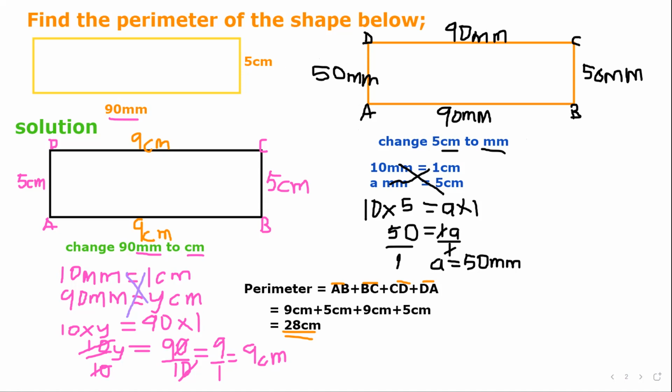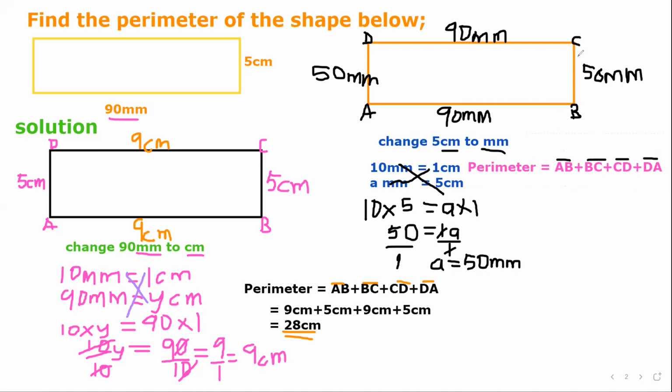Good. So you are going to add them and calculate the perimeter. So the perimeter will be the total distance around these shapes. So let me write the formula for finding the perimeter. The perimeter is the total distance around the shapes, which is line AB plus BC plus line CD plus what?